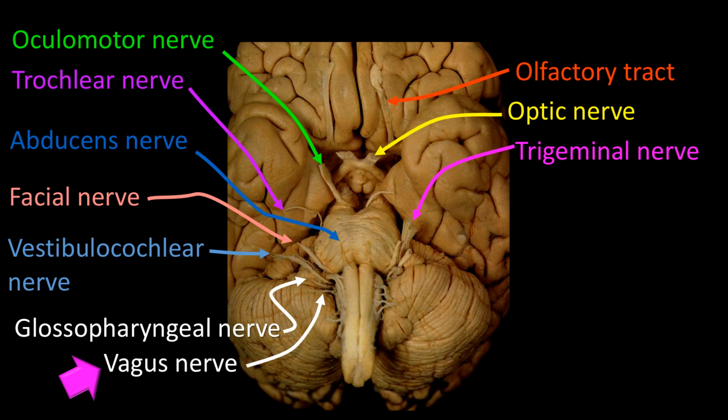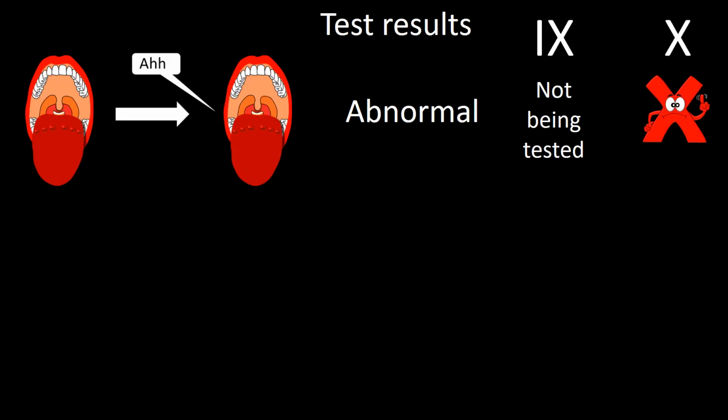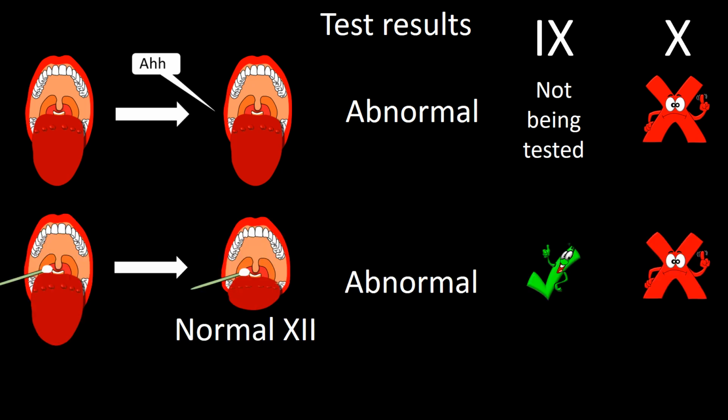If the problem is in the vagus nerve, we will find the following. The ah does not produce or produces an asymmetrical palate elevation, indicating that there is a motor issue, which is confirmed by the absence of palatal elevation or asymmetrical palatal elevation and normal tongue retraction.